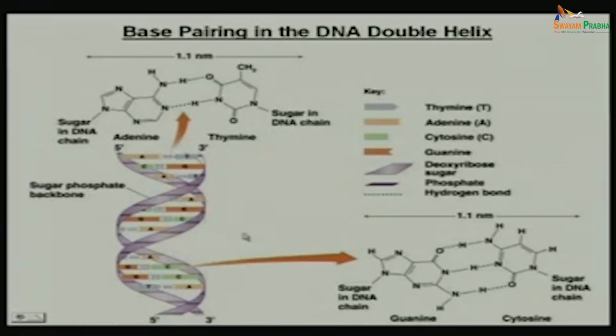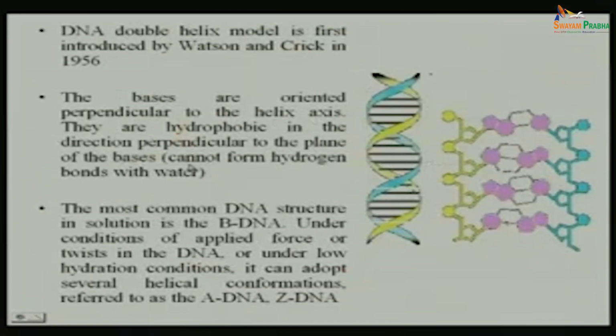So, this is the double helical structure of DNA. ATGC base pair linkages are there, which are associating the two strands in an organized manner.